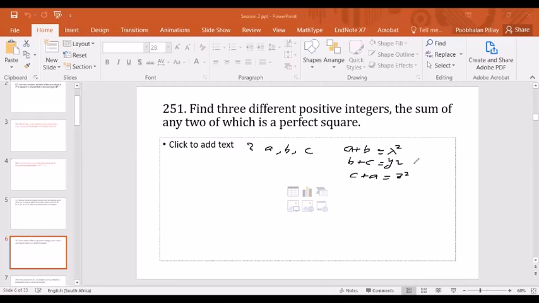Okay. Now, the way to do this is try to solve for A, B, and C in terms of x squared, y squared, and z squared. There's a very quick way of doing it. You want to find out what A is in terms of x squared, y squared, and z squared.